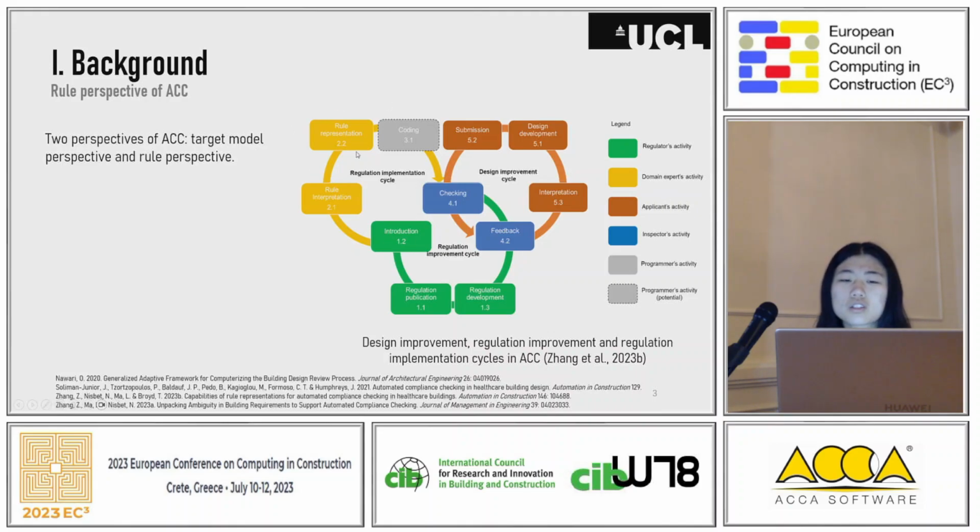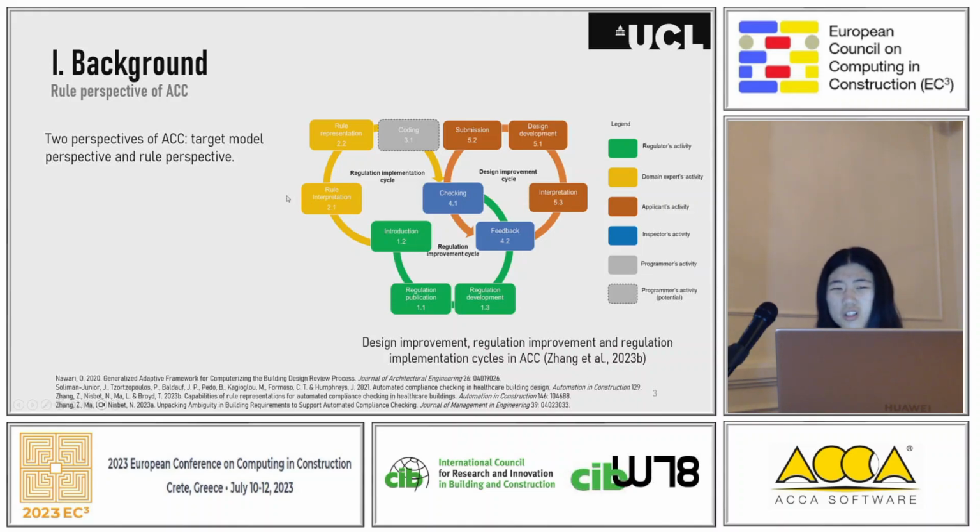The yellow cycle here is the rule perspective, which concerns the interpretation and the representation of the building rules in a machine-readable way, and there might be some coding involved here or not. And the green cycle is just the introduction of the regulation, the implementation of them.